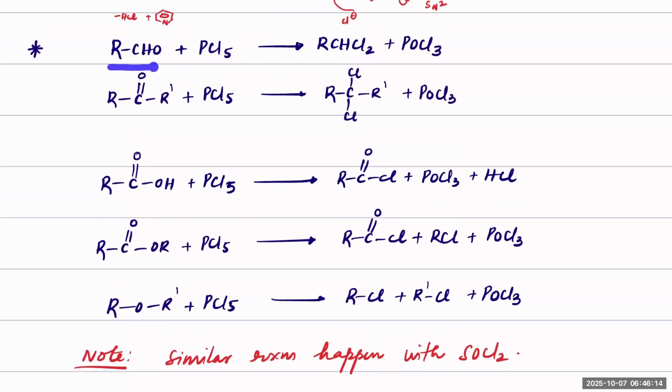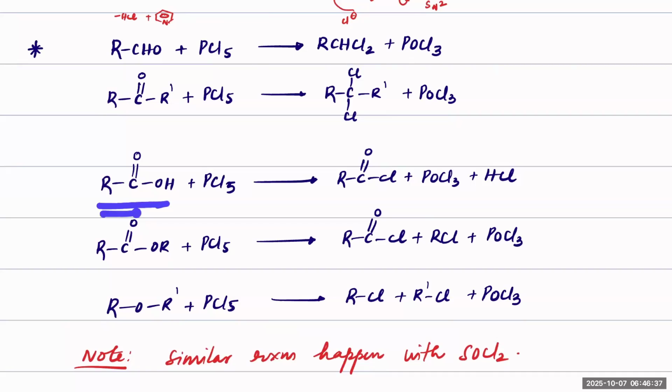If you have an aldehyde plus PCl5, basically the oxygen will leave away with phosphorus at P double bond O and leaves behind two chlorines to it. So that's why you'll get geminal dihalides here. So geminal chloride here. Same way, RC double bond O R dash plus PCl5, again two more chlorines here.